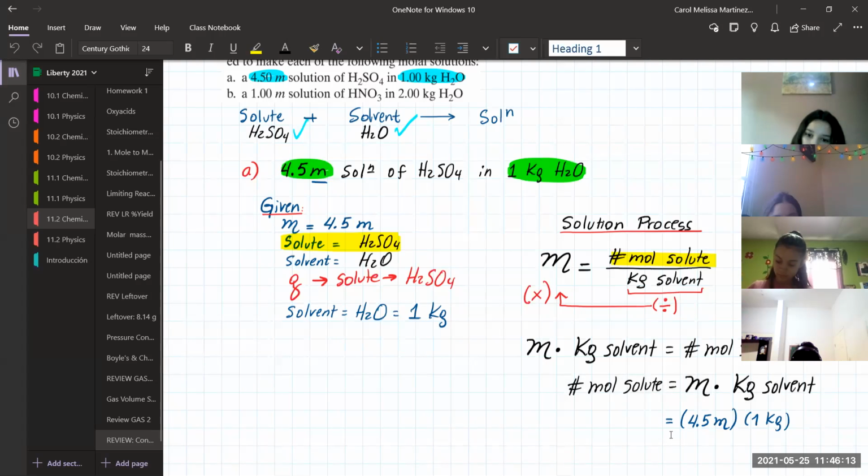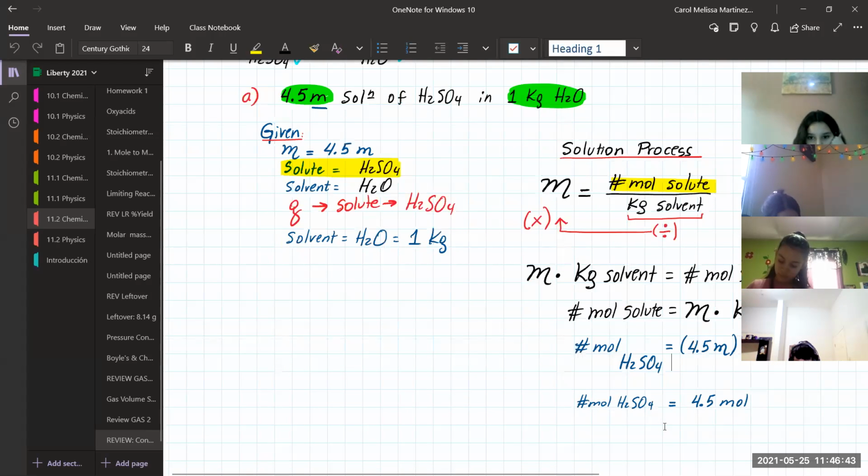So, according to this, my number of moles of solute, that is H2SO4, is equal to 4.5 moles. And with this, you finish the first part of the problem.